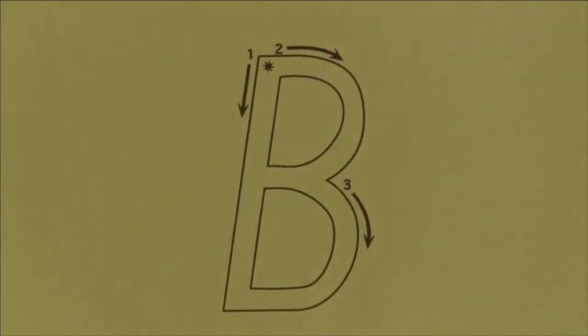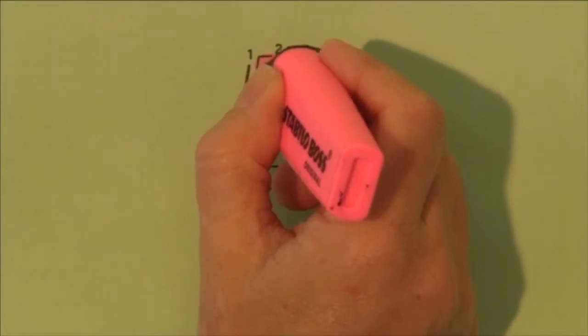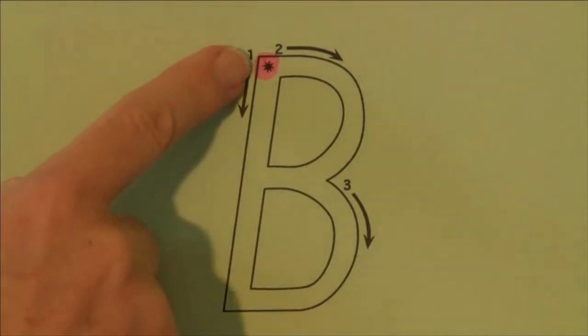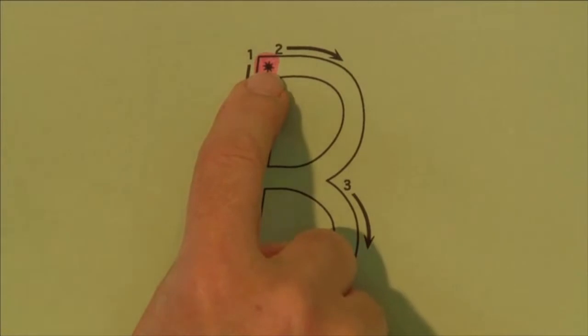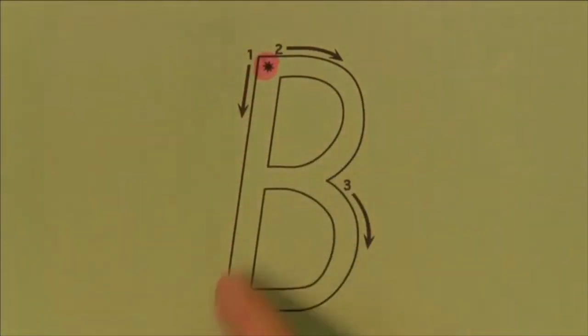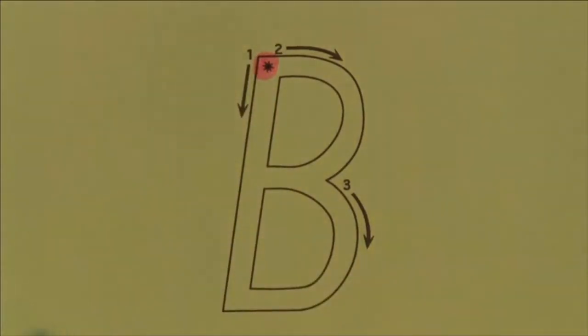All right, let's go on to B. Now our dot is in that top left corner. Now letters which tend to have a straight line in them, you generally always start them in the top left. Okay, so think if I've got a straight line on the left hand side, start from the left.